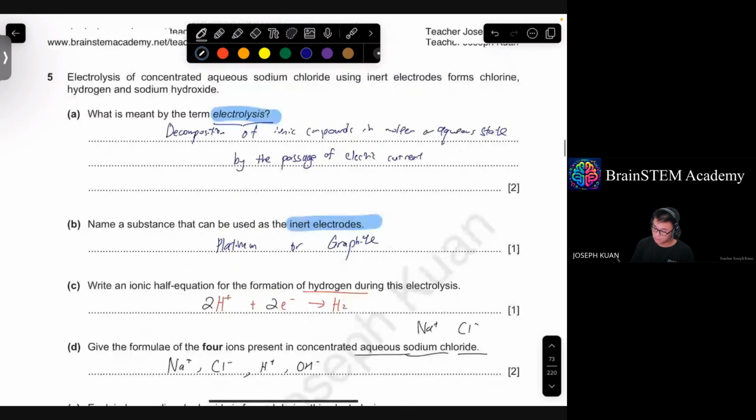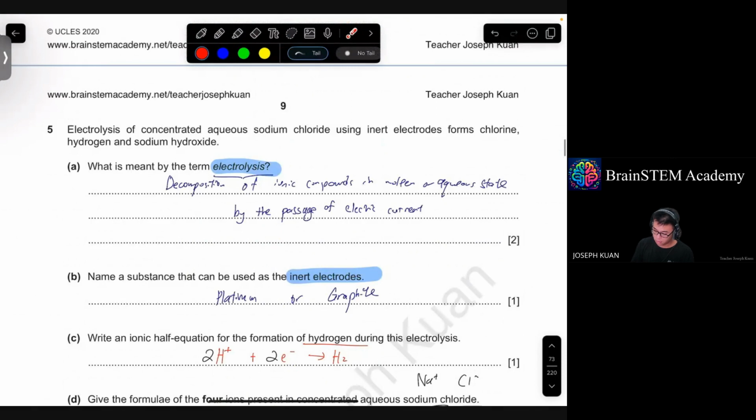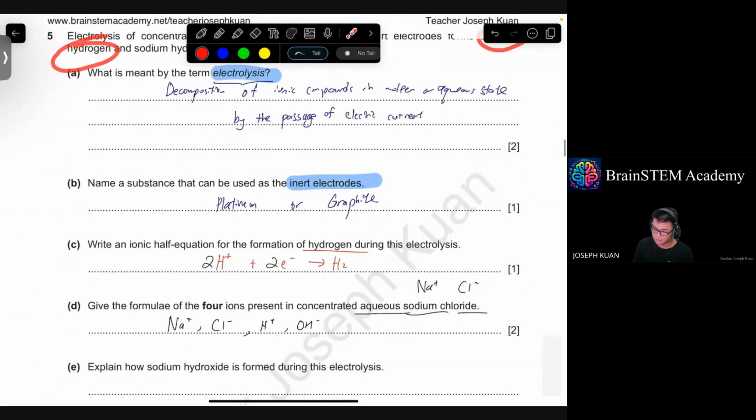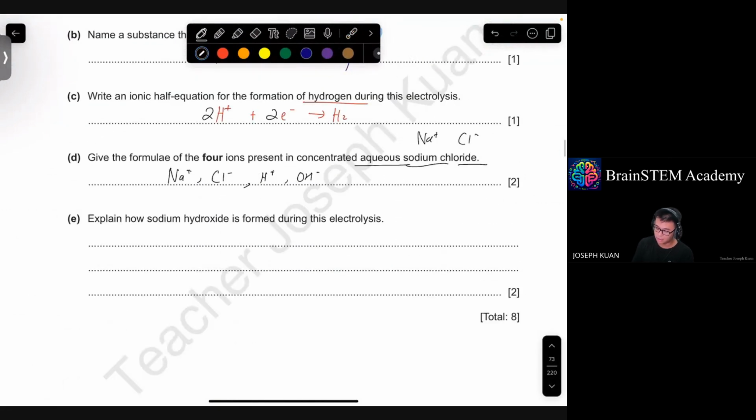Well, because you see, in the reaction, hydrogen and chlorine are formed, which means that chloride ions and hydrogen ions are discharged in this reaction. And sodium and hydroxide ions remain in the solution, making sodium hydroxide.